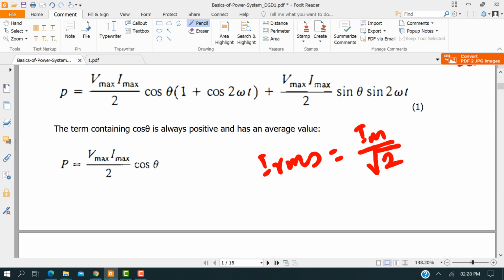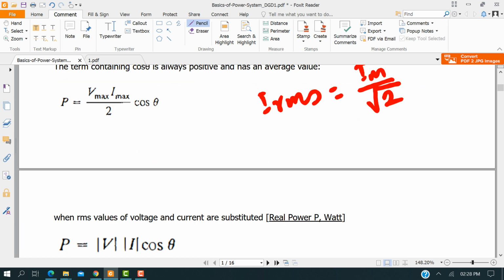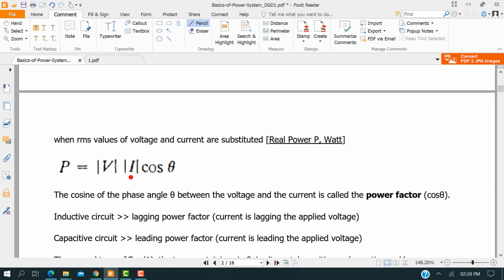So if I put in the expression with the RMS values, this is called the real power, and the unit can be expressed as watt.